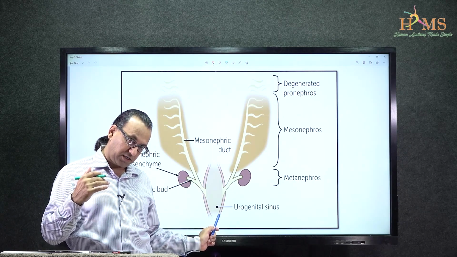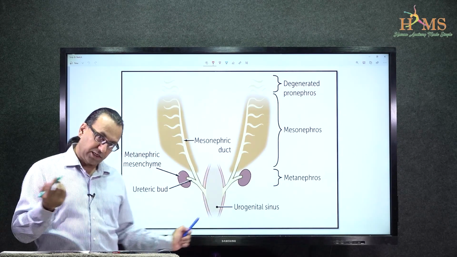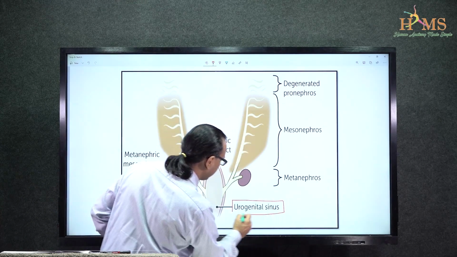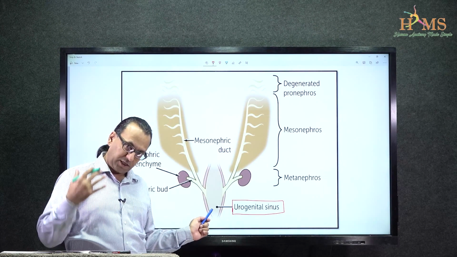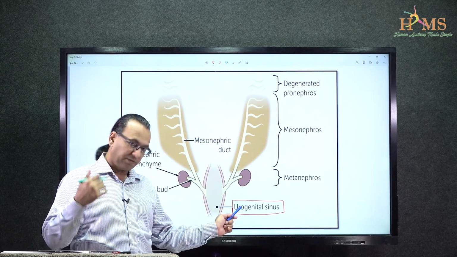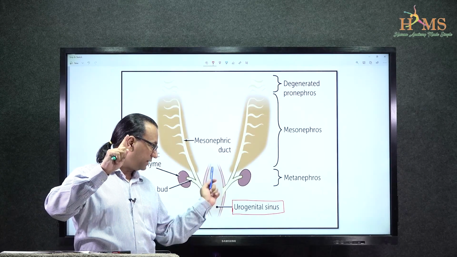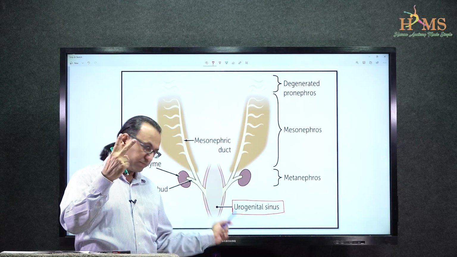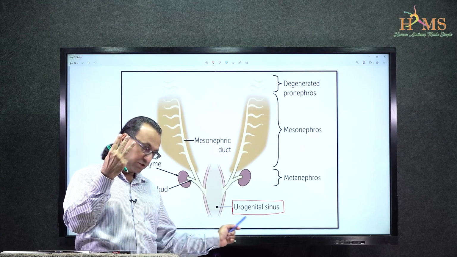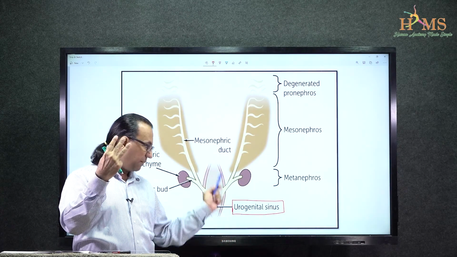There is a cloaca region, and in the cloaca region forms the urogenital sinus, and this urogenital sinus, which is in the terminal part of the gut tube, is going to give us several structures. You need to remember 3 of them. Number 1, urinary bladder, number 2, the urethra, and number 3, the terminal portion of the vagina. So we'll be talking about the 3, once again lined by endodermal epithelium.